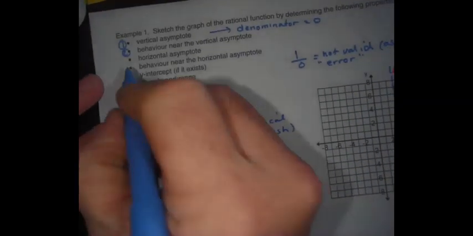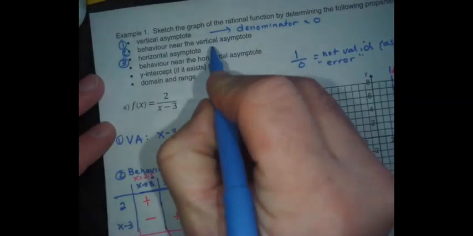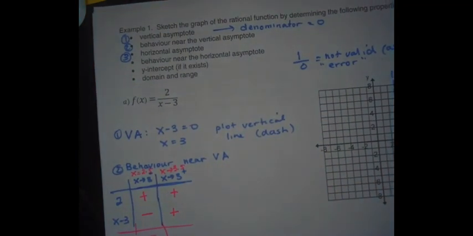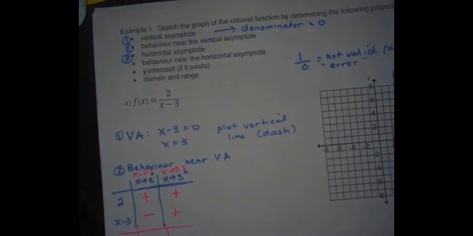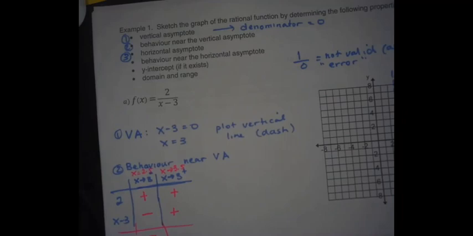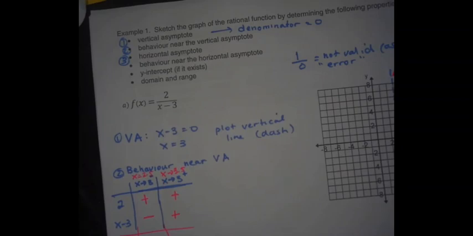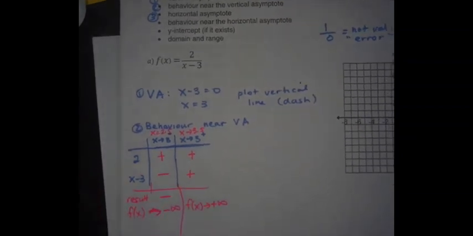Next thing we need to look at is our horizontal asymptote. This can be hard to figure out, but we want to know what the horizontal asymptote is really telling us.